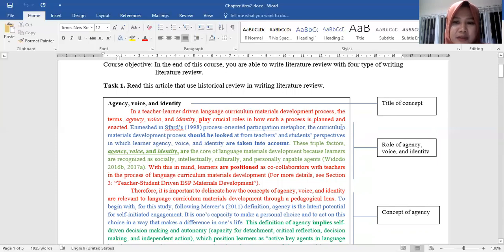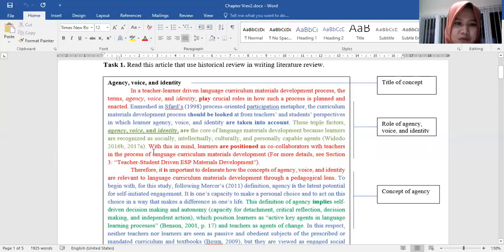In the first paragraph, the writer of this article tried to write about the role of agency, voice, and identity. So here are the general concepts of this topic. It is also combined from the author's voice in the first sentence, then two external voices, and then in the last sentence it is back to the voice of the author.